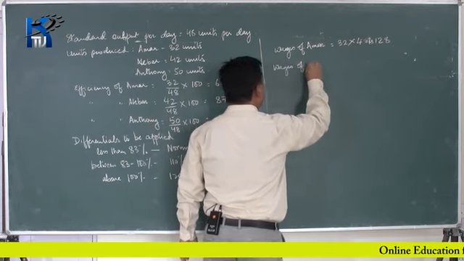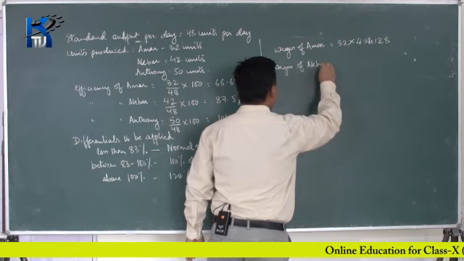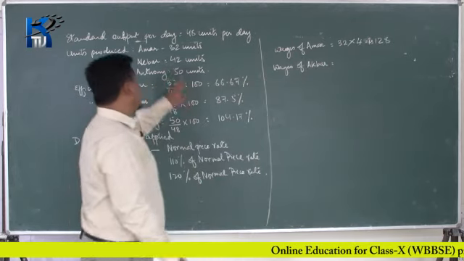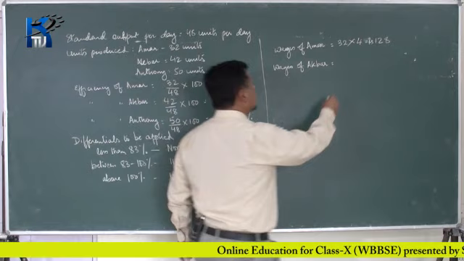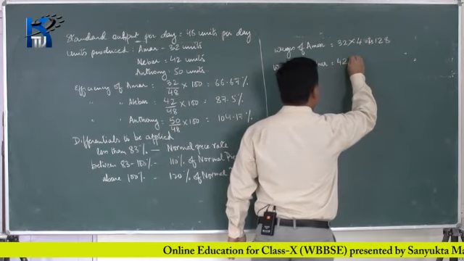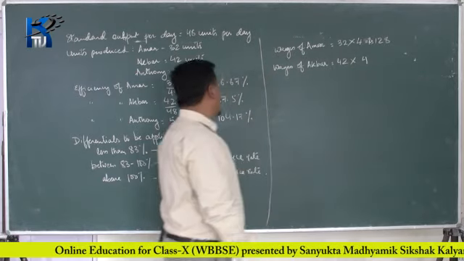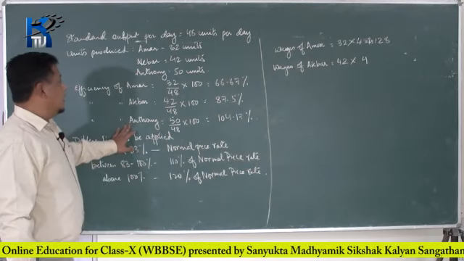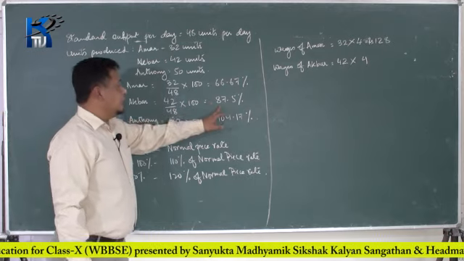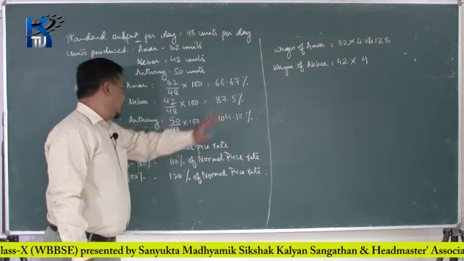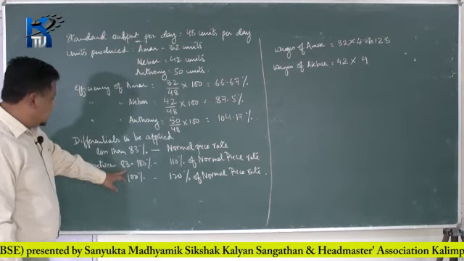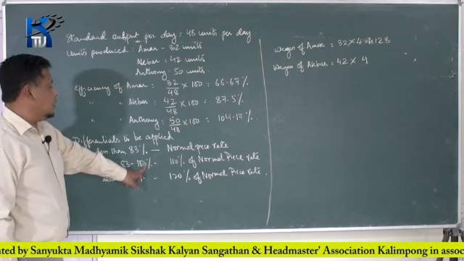Again, wages of Akbar. Akbar has produced 42 units, into a rate per unit of 4, and Akbar's efficiency is 87.5%. So his efficiency lies between 83 and 100%.